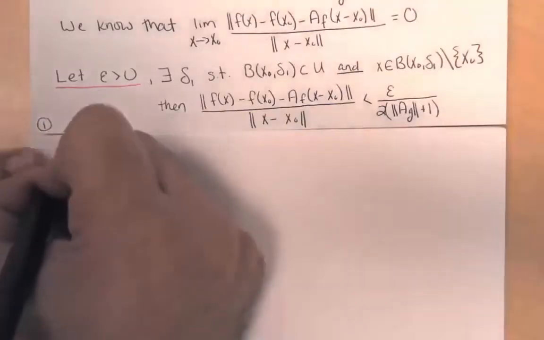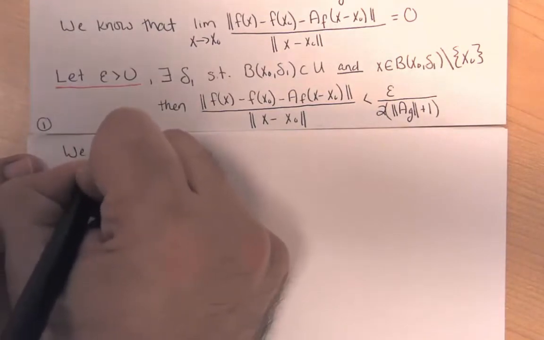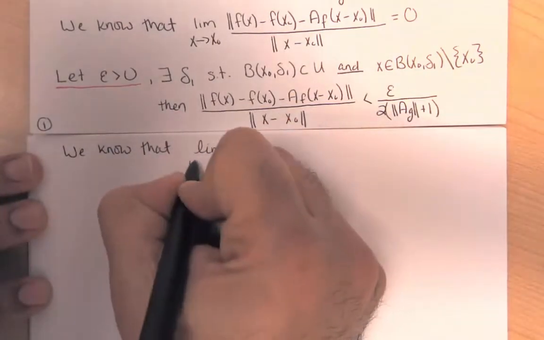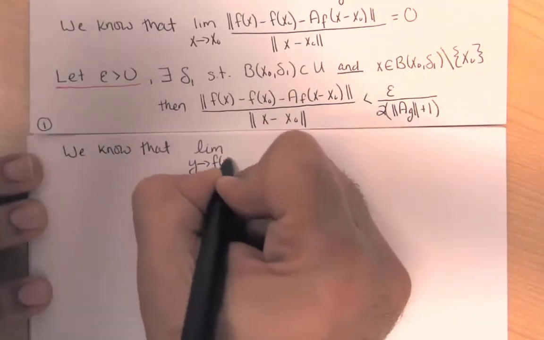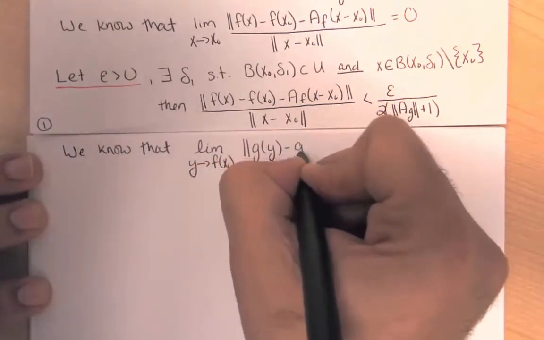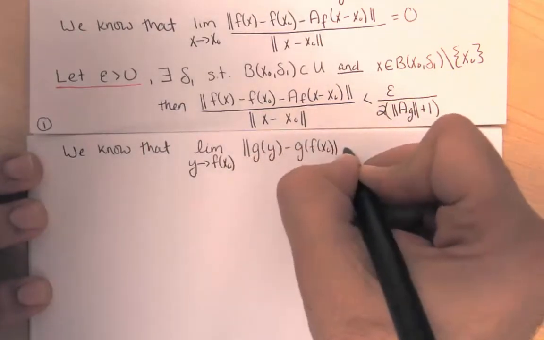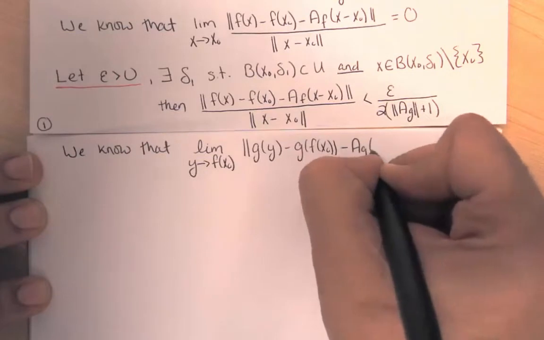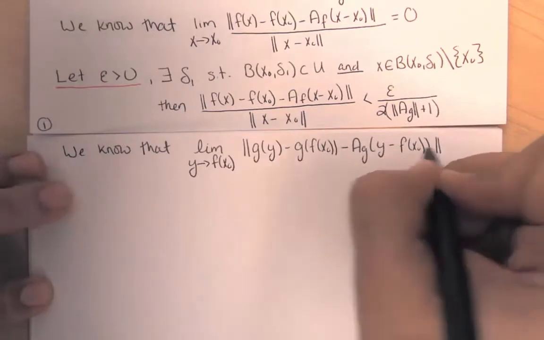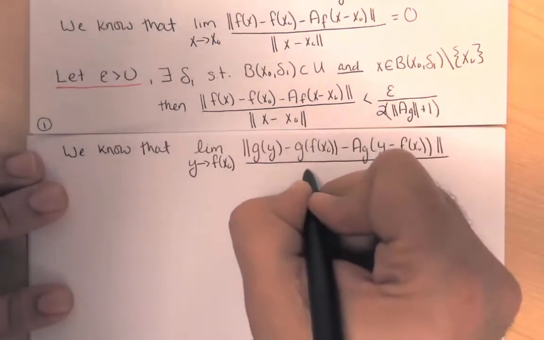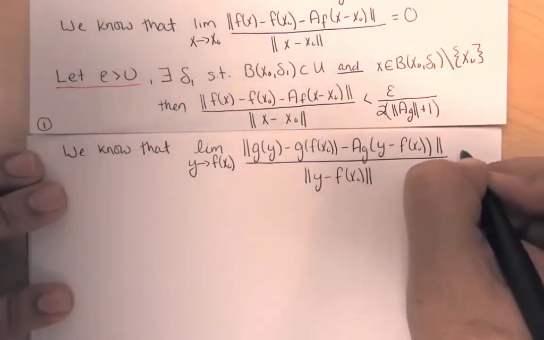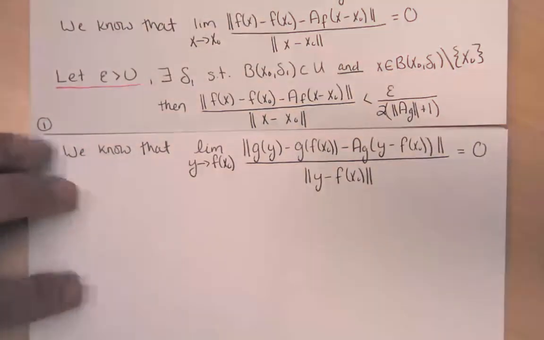Okay, so what else do we know? We know that in the limit as y approaches f of x naught, g of y minus g of f of x naught minus the derivative matrix times y minus f of x naught, divided by the norm of y minus f of x naught, equals 0.